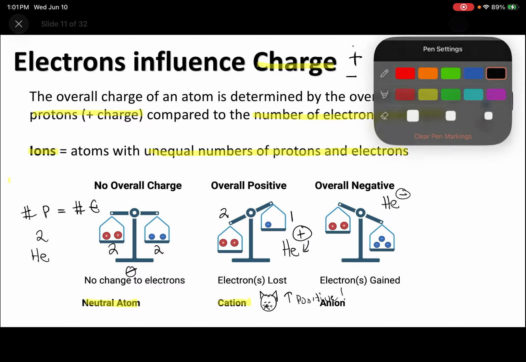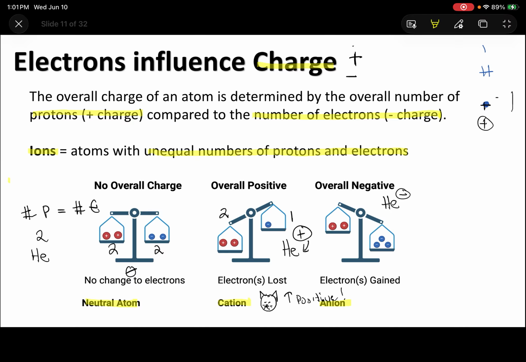We call this an anion. I don't have any fun way to memorize this. I know cations are positive, and I know anions are negative. And so ions are going to come up a lot in this course, and especially towards the end of this specific module when Professor Fanninsteel talks to you guys about ionic bonds. But this is really, really essential that electrons are influencing behavior this way.